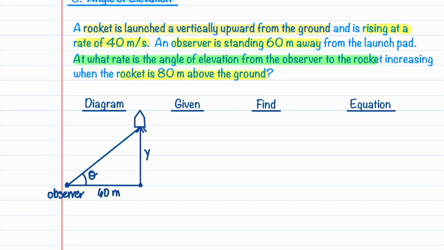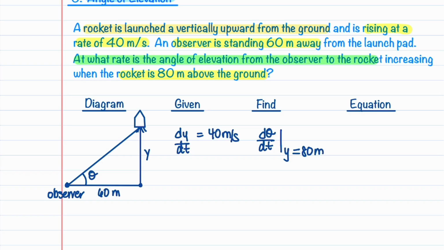So the rate of change of the rocket is dy/dt, and that is equal to 40 meters per second. We want to find at what rate the angle of elevation is increasing, so that is dtheta/dt, when the rocket is 80 meters above the ground, so that is when y is equal to 80 meters.